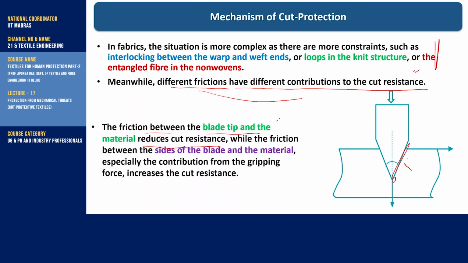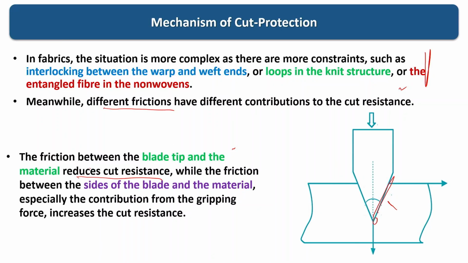In case of friction between blade tip and material, if it is higher, that will reduce the cut resistance. That is important. If there is a higher friction between blade tip and the material, then it will reduce the cut resistance. That means the knife will penetrate easily because of the higher friction.